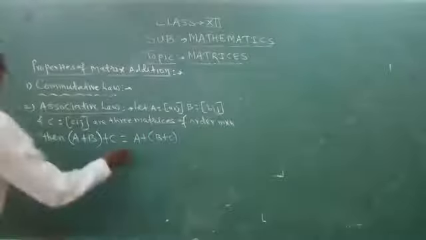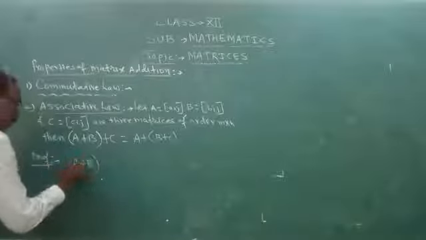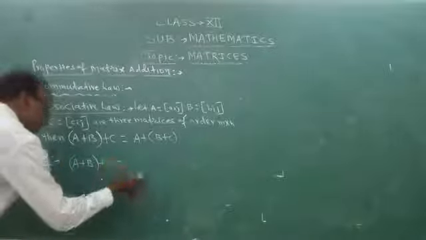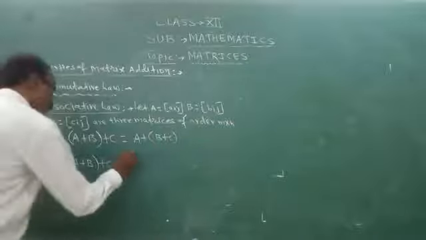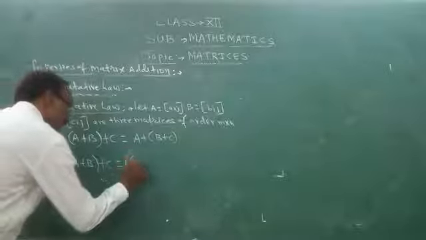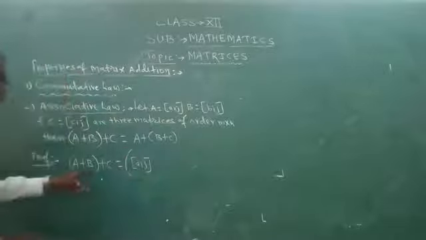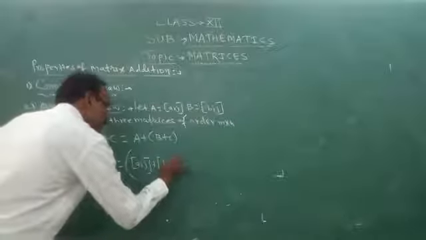I am going to prove this now. So prove associative law, A plus B then plus C. Start from the left hand side. You write in bracket, A, that is Aij matrix, plus B, that is Bij matrix.